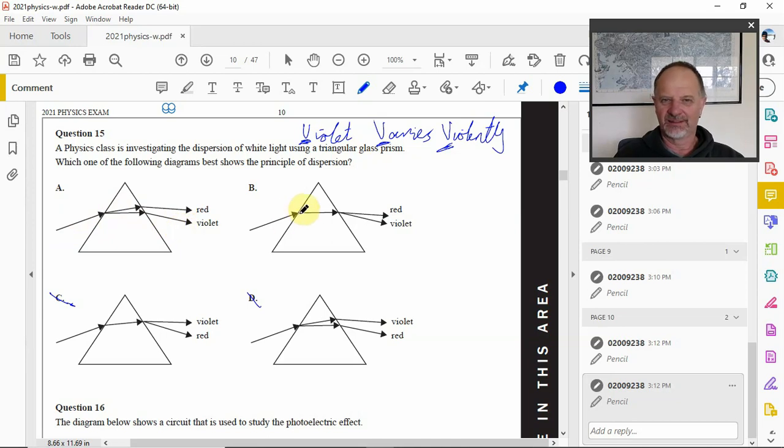So B says that it doesn't occur, it all just follows the same path as it enters. That's not true. The violet does bend a little bit more. So then B's out, and so now we're left with A as our best alternative.